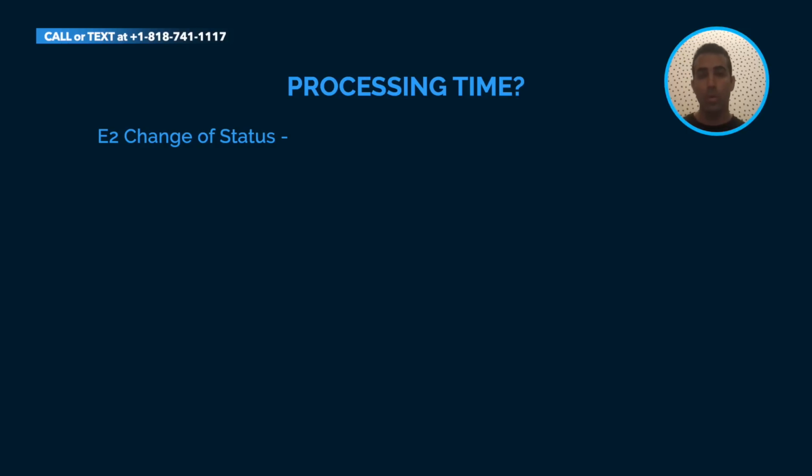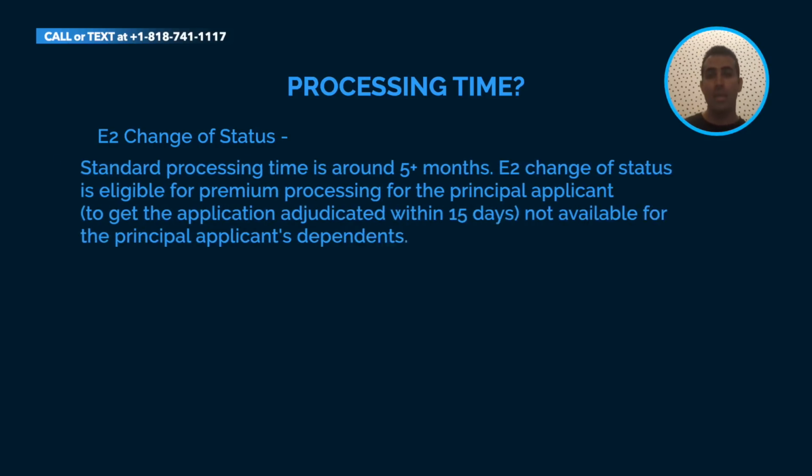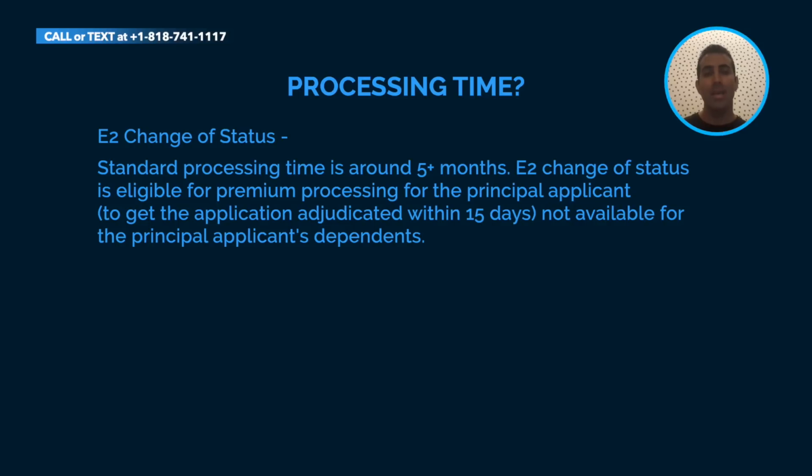So you can Google search USCIS processing time, and you should be able to find a link to a USCIS webpage where you select the form number for your particular case, and it will tell you the average processing times. That's important to note. But right now, as of the time of recording this video, what I've seen is standard processing takes approximately 5 or more months. It could be shorter than that, it could be longer than that, but you definitely want to check what the average processing times are at the time that you're planning on applying.